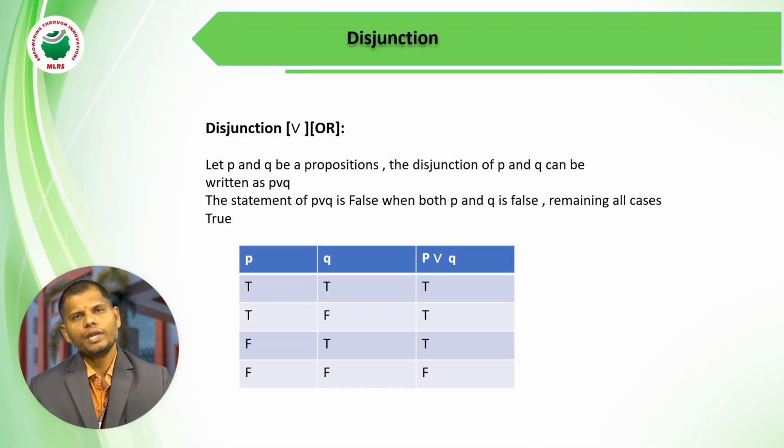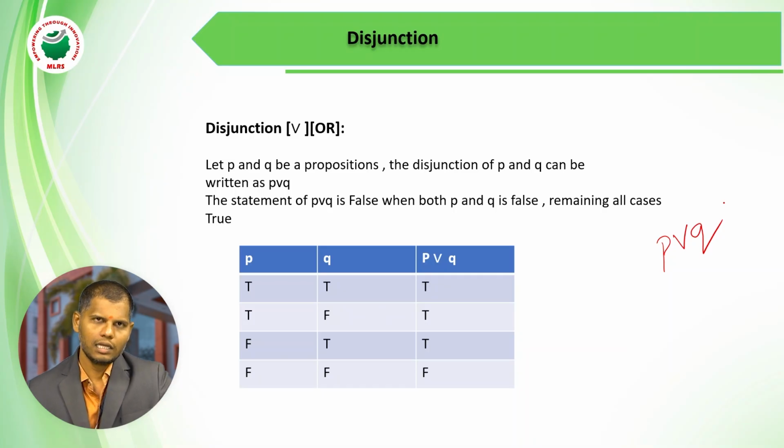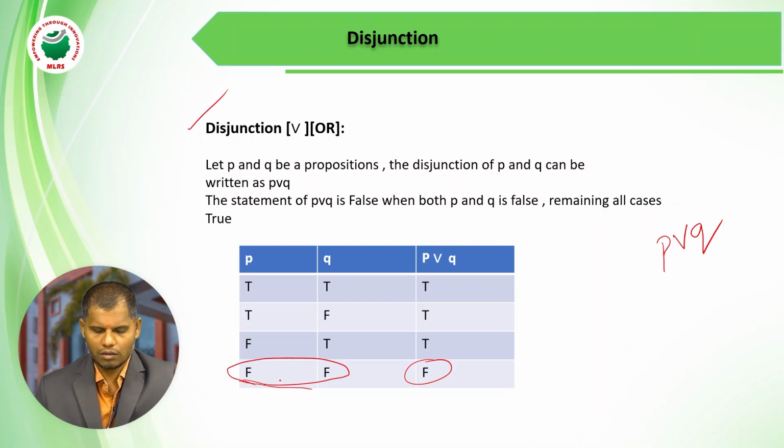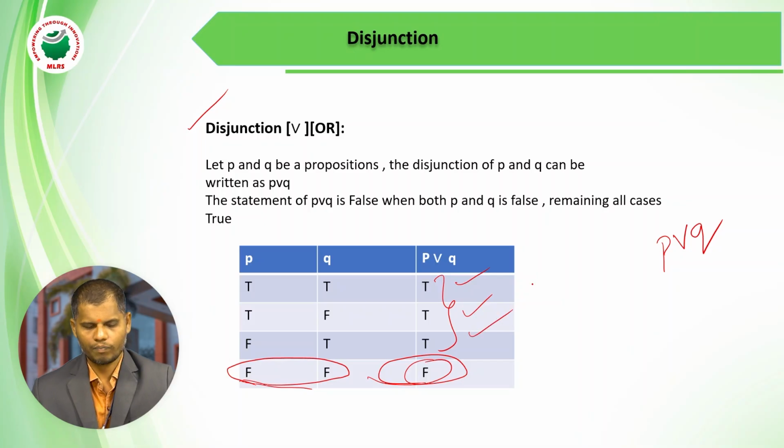The disjunction of P and Q can be written as P or Q. The statement P or Q is false when both P and Q are false. In all remaining cases, it will be true. This is called disjunction.